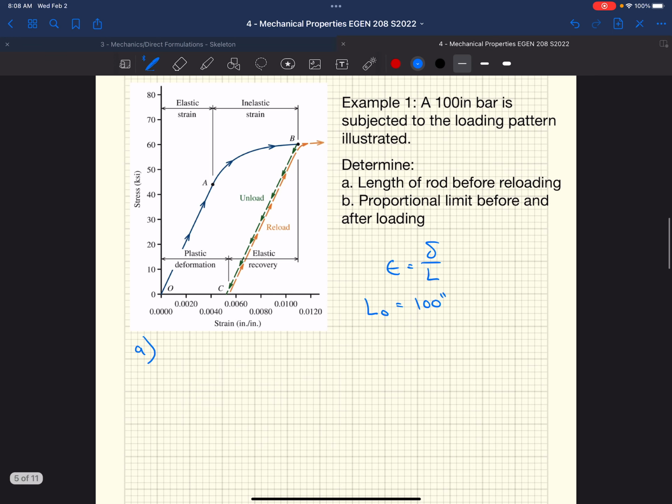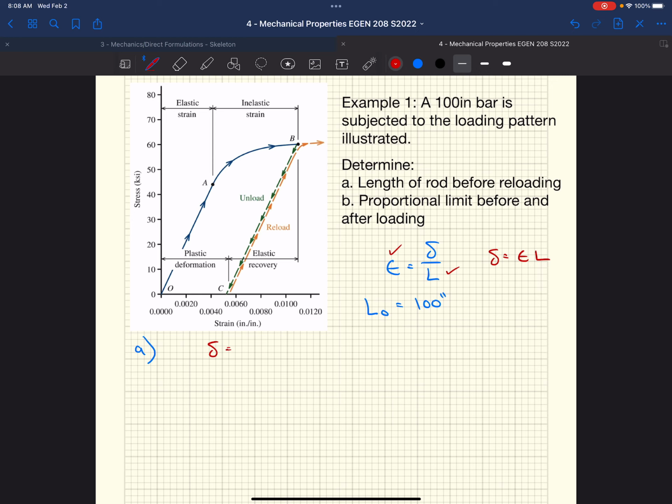And they want to know what is the length of the rod before we reload it. So they want to know what's the length of the rod out here at this point on our x-axis, right? Well, out here on the x-axis, we know our strain. Know our original length. We know our strain, right? We could figure out what delta is, right? Delta, if we rearrange this equation, is the strain times the original length. So our change in length, right, is our strain.